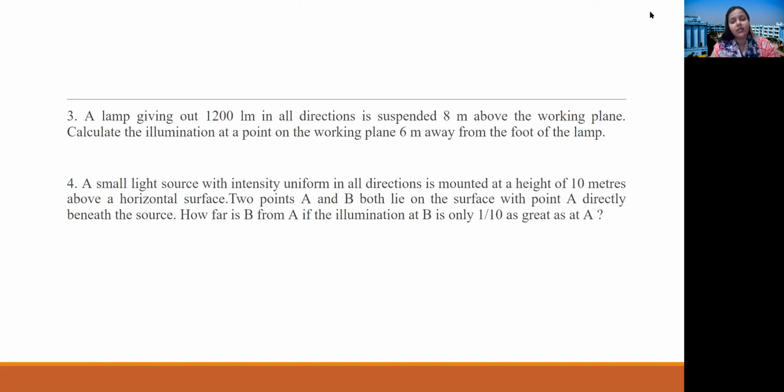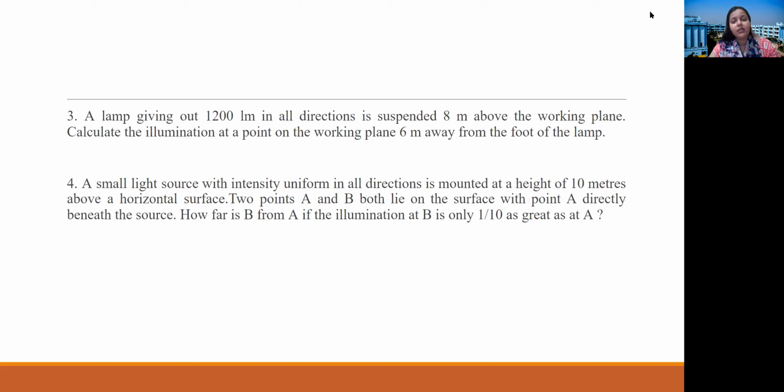The length is 8 meters, since the lamp is hanging 8 meters above the working plane, and the base is 6 meters, since we are supposed to calculate the illumination at a point 6 meters away from the foot of the lamp. Now you have to calculate the hypotenuse. Once you have calculated the hypotenuse, you can get the value D.